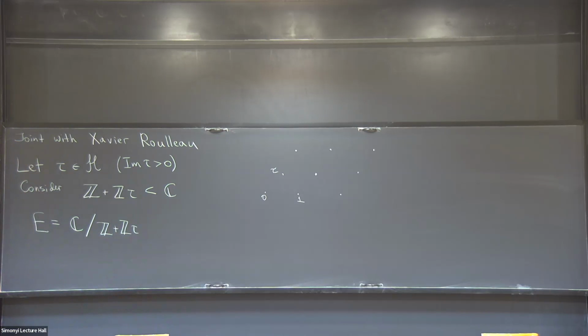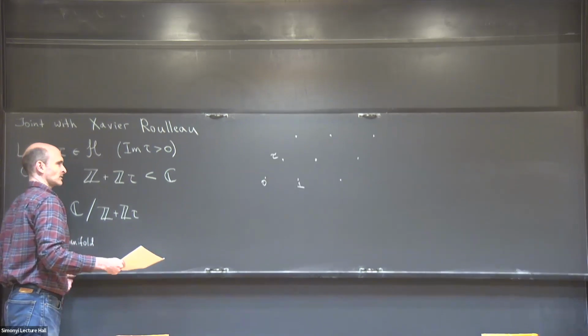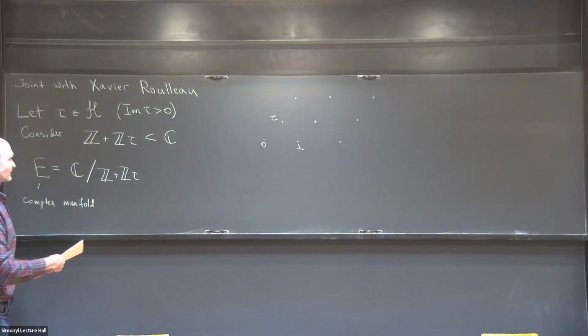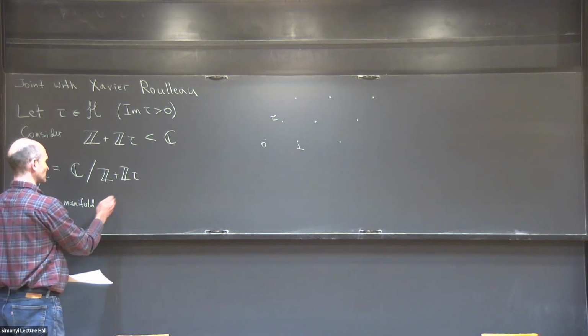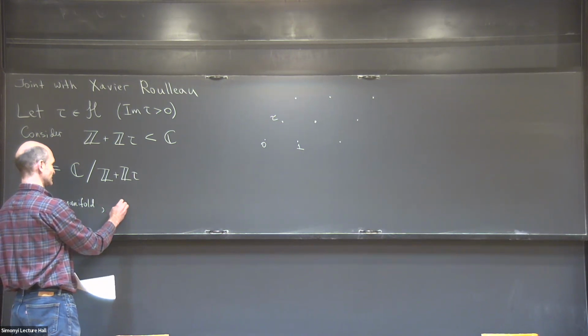And as stated, it's just a complex manifold, one-dimensional. But of course, we know every compact Riemann surface is in fact algebraic. And the way you give it an algebraic structure is by looking at the field of meromorphic functions on it.